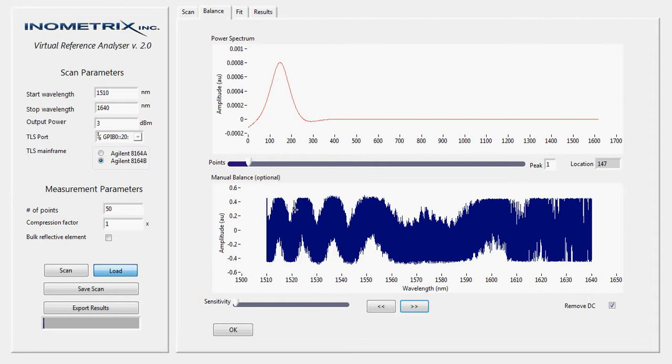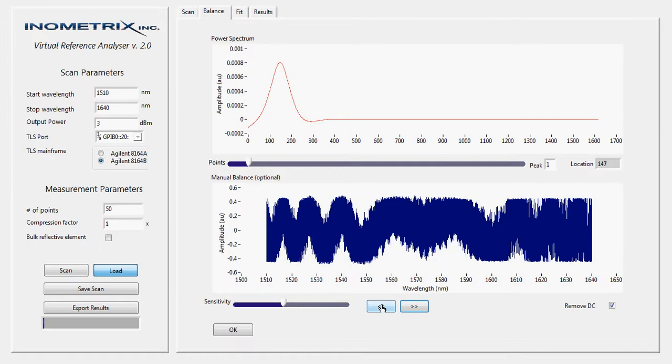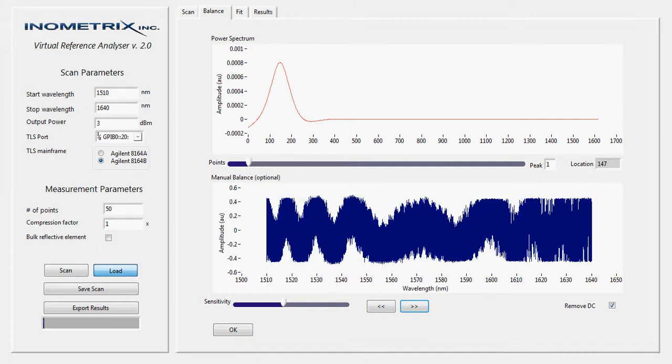So instead of balancing path lengths as you would in a traditional dual arm interferometer, we're balancing cavities. And because one of our cavities is virtual, we can advance the balancing without even rescanning the laser. So we get an increase in speed.